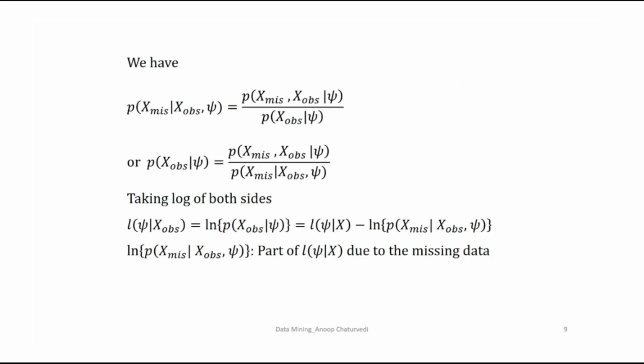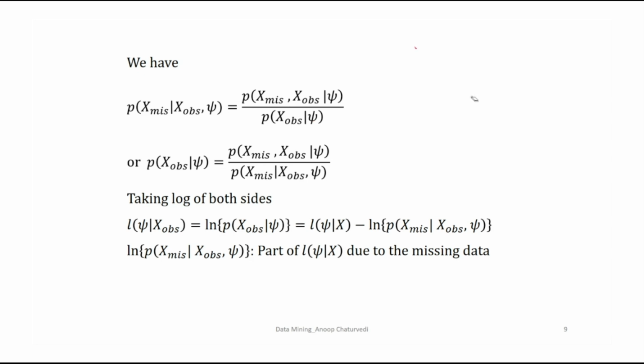Now, we can write the probability density function p of x missing given x observed and psi as p of x missing, x observed given psi divided by p of x observed given psi.